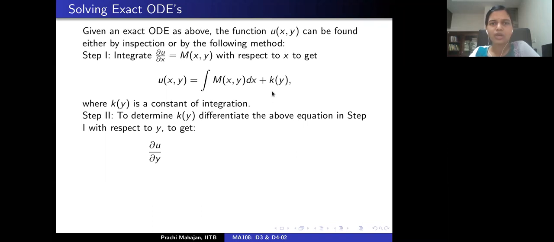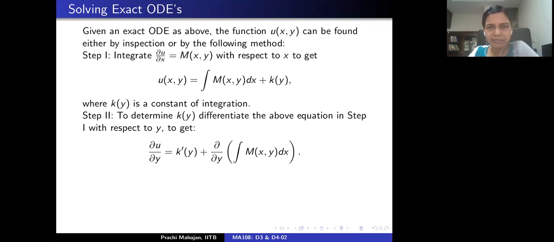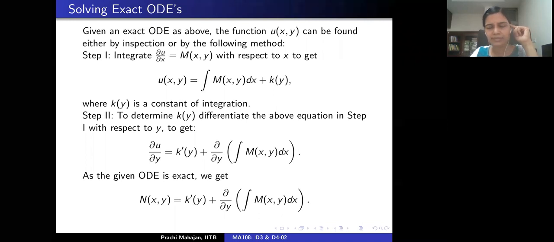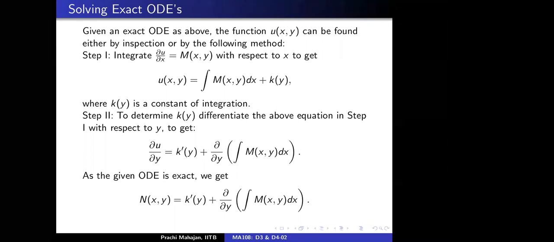What will I get? The partial of u with respect to y is going to be the derivative of k with respect to y plus the derivative of whatever we have here with respect to y, correct? And I use the information that the partial of u with respect to y is exactly the given function n, correct? Is that okay?